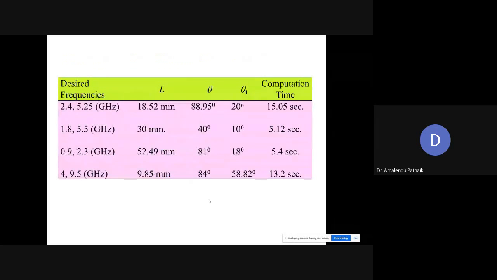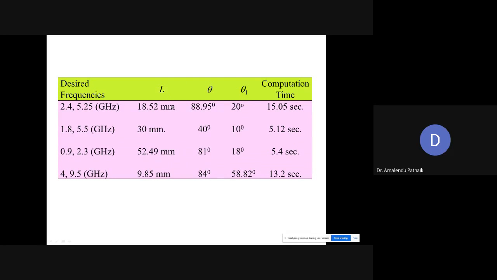By using that particular process, ANN inside a PSO loop, we got these results. For the first antenna, for getting these required resonant frequencies, I got this value of L, this value of theta, and this value of theta 1, right?